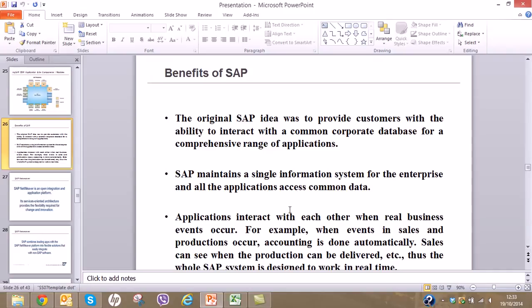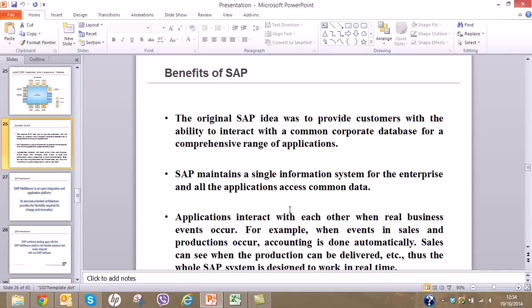All of us are using different software packages to run the business. There is no interaction; the software doesn't interact. I am doing my work, he is doing his work. If you have sold something, because you are a salesperson, you will tell me by word of mouth, and I will make an entry. So it's time consuming.